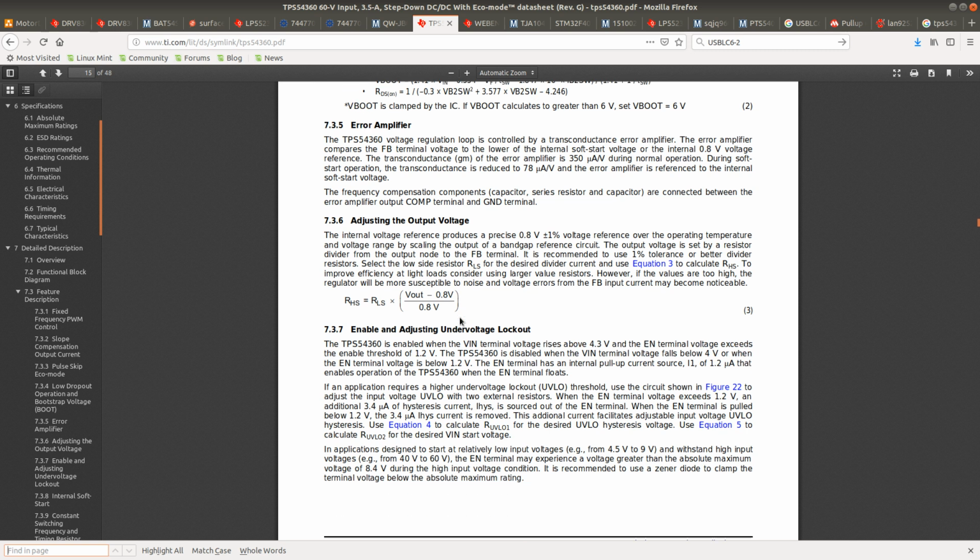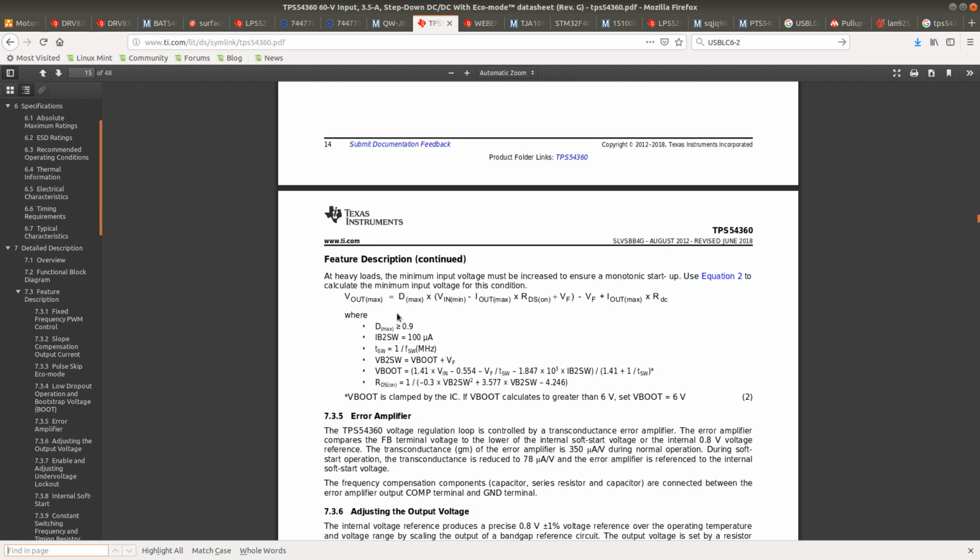I haven't been able to find this. If I search for just D, I get every single D in this datasheet. So I wasn't able to find what D max actually means. So I used the value of 0.9 in my calculation. This equation calculates the maximum output voltage.